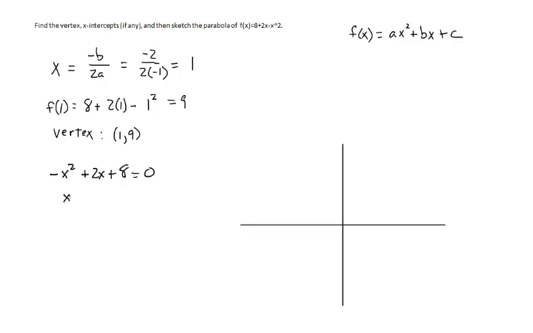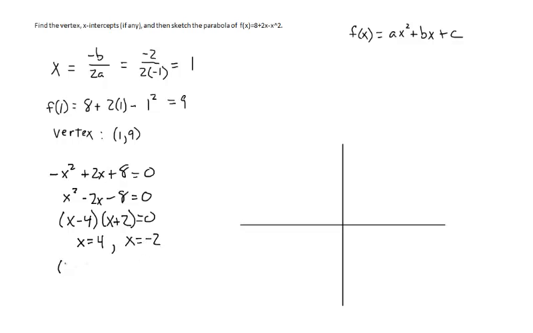So I have x squared minus 2x minus 8 is equal to 0. And now it's easier to see that the factors are x minus 4 and x plus 2. So our function is equal to 0 at x is equal to 4 and x is equal to negative 2.